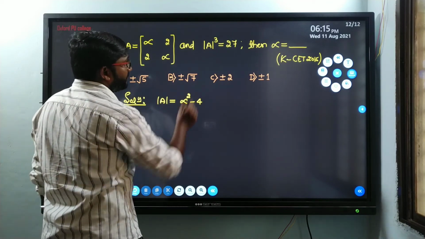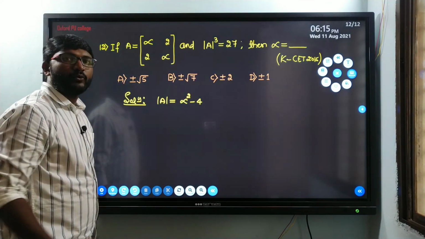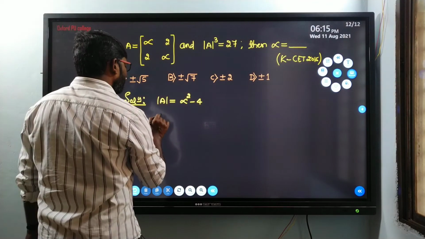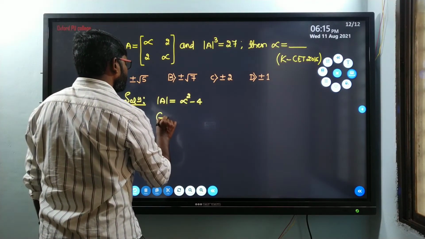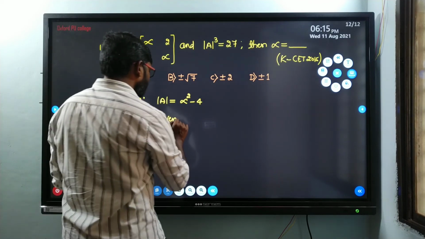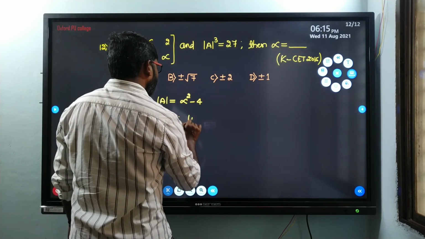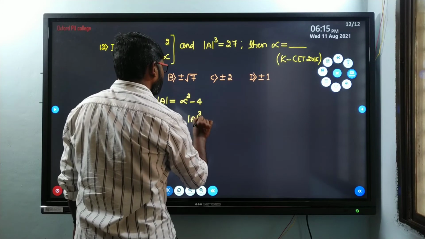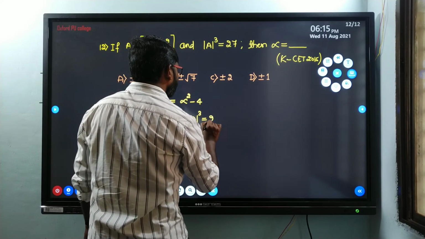They have given det A the whole cube is 27.